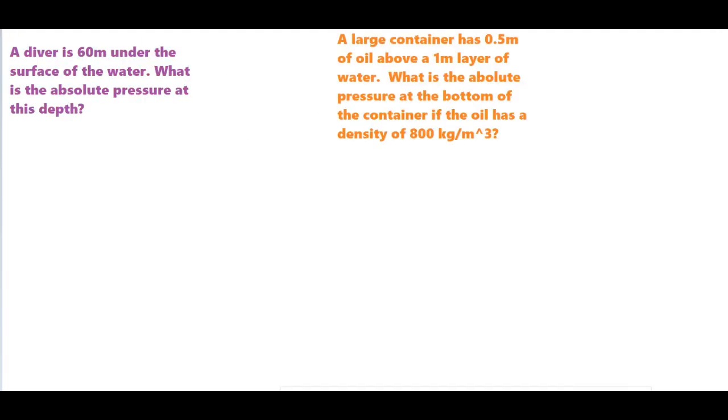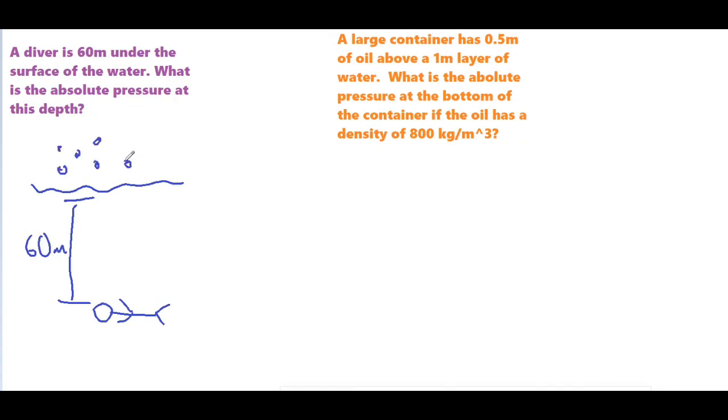Now for our second 2 problems, it says a diver is 60 meters under the surface of the water. So we have some water here, and we're going 60 meters below. That's where our diver is. And then we also have some air molecules out here causing some of that atmospheric pressure.